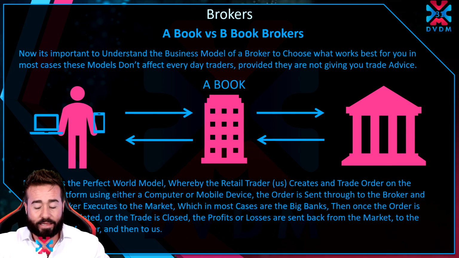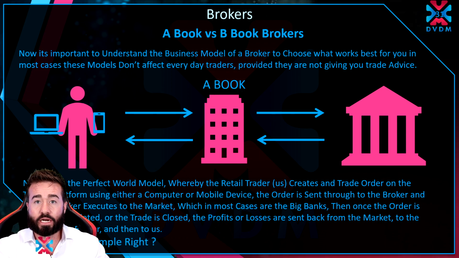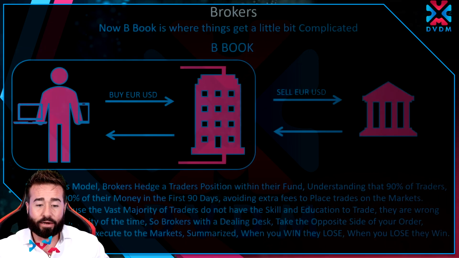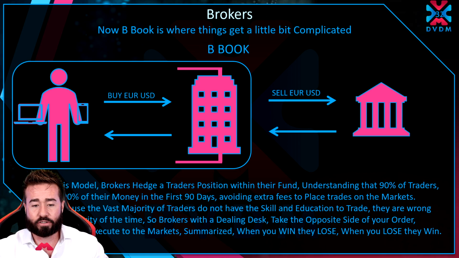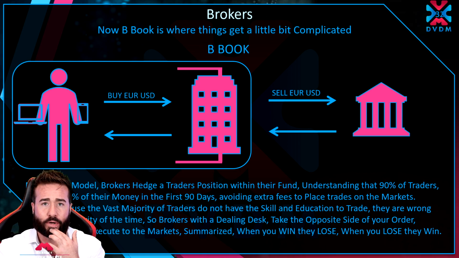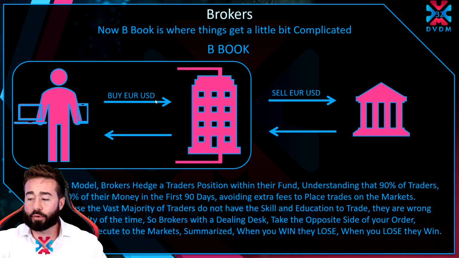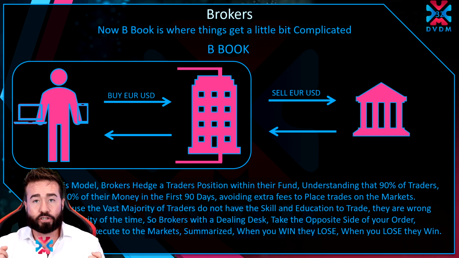Now, if we have a look at the next model, which is unfortunately a lot more widely used, specifically in third world countries or developing countries, this is what this model looks like. Same situation whereby here you've got your trading terminal. The difference here is that when you buy your USD, brokers know and understand that most people don't have the right trading and education.